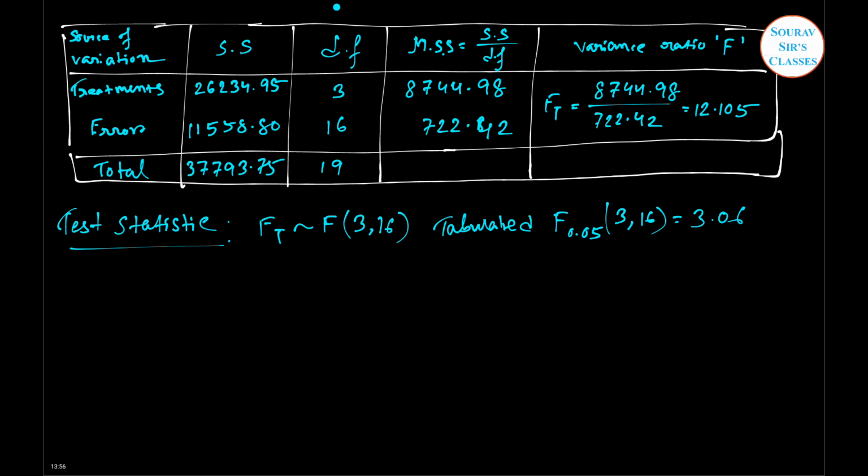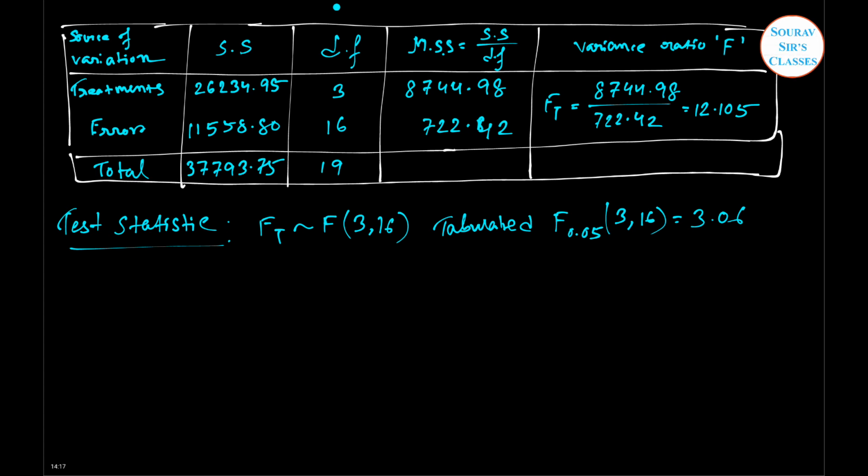Hence Ft is highly significant and we reject H0 at 5% level of significance and conclude that the treatments A, B, C and D differ significantly. Since H0 is rejected in this case, we proceed further to find out which of the treatment means differ significantly.